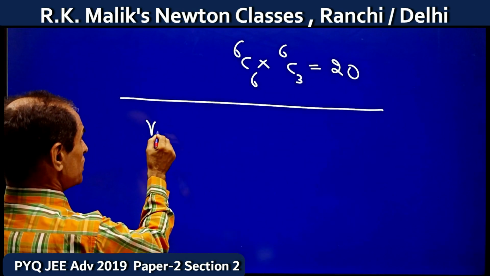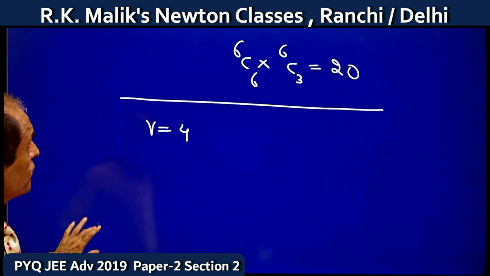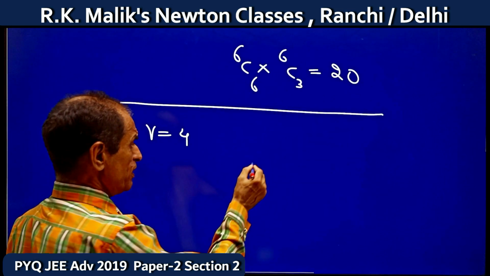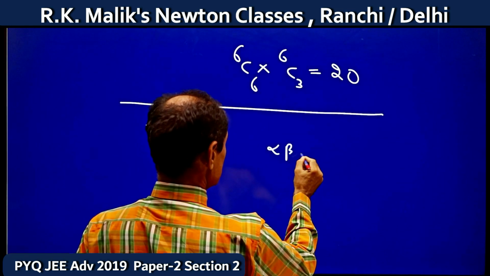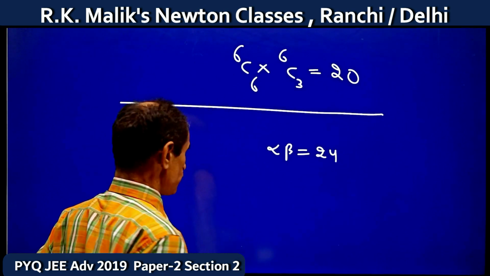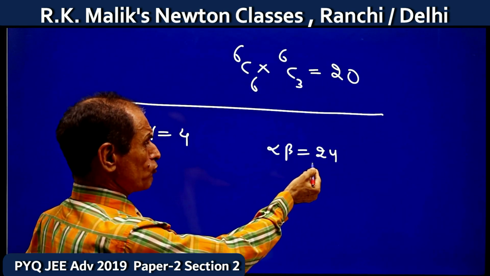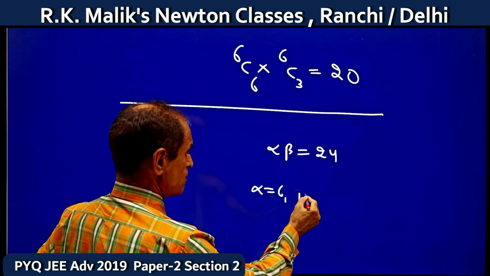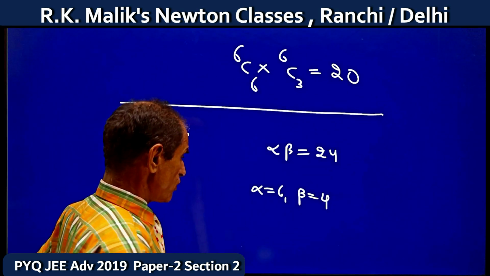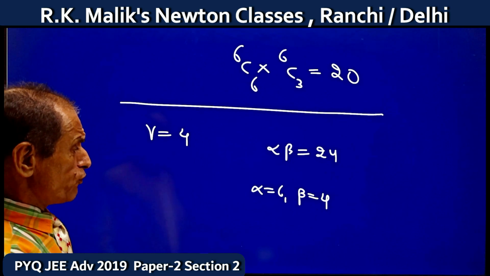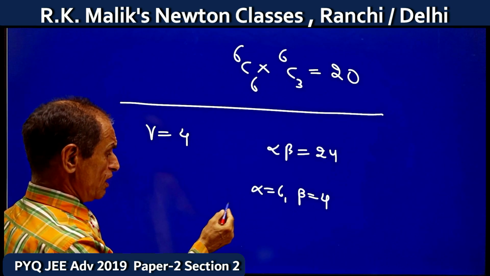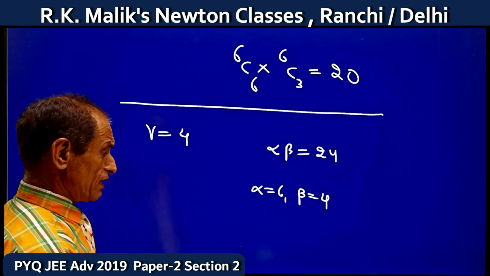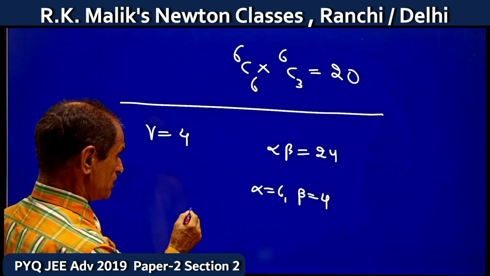Now take the case of gamma equal to 4. In this case, alpha beta equal to 6 gamma will mean alpha beta equal to 24. And alpha beta equal to 24 is possible only if alpha is 6 and beta is 4. And therefore, for making the set A, I will be choosing all the elements.